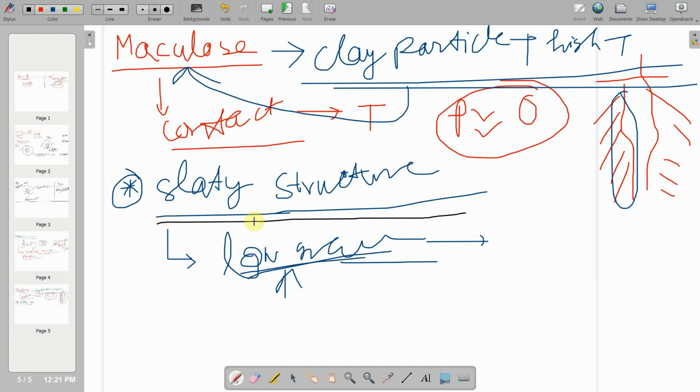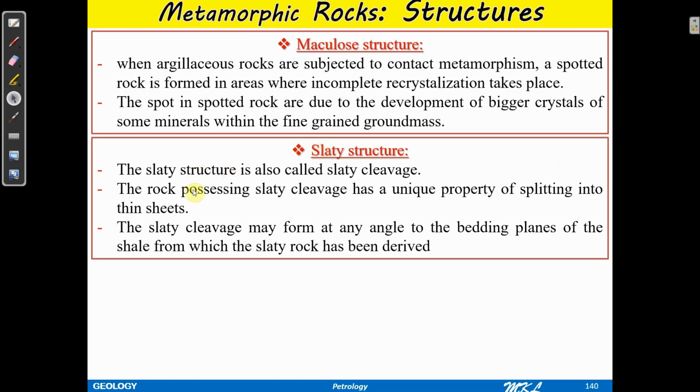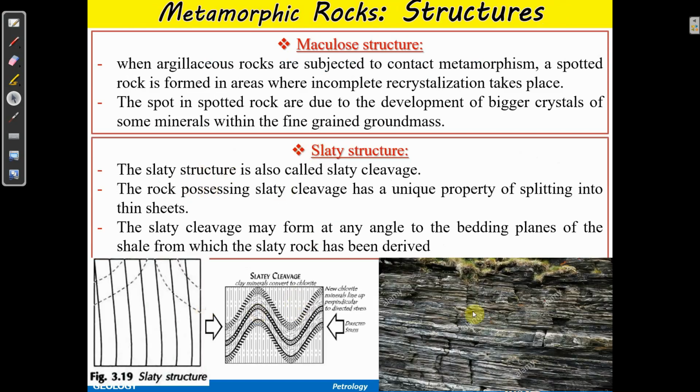Rocks showing slatty structure are very fine grained, composed of microscopic flakes of mica. The slatty structure is caused by the parallel orientation of the flaky minerals, mainly micas and chlorite. That's called the slatty structure. This is how a slatty structure looks.